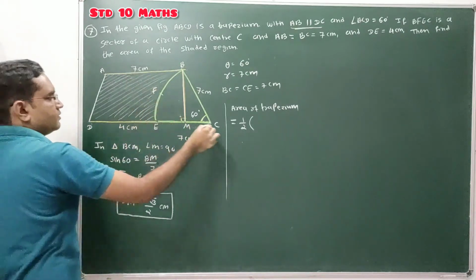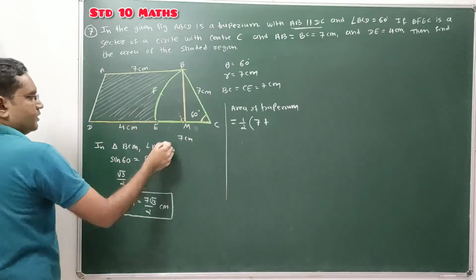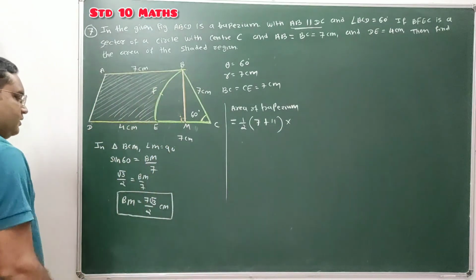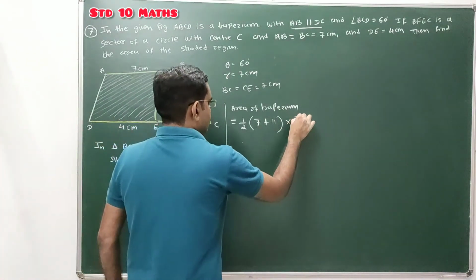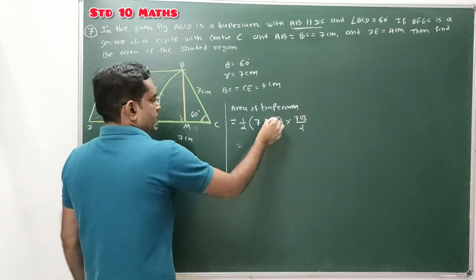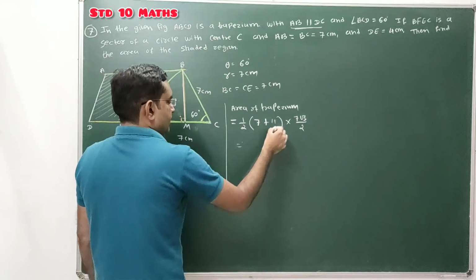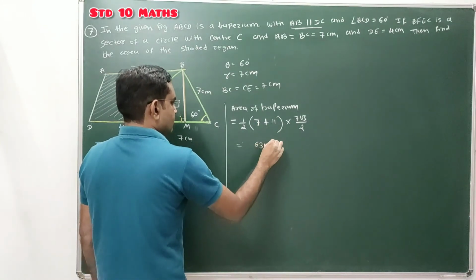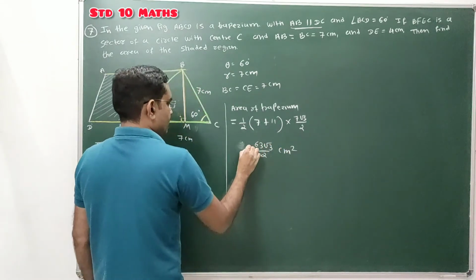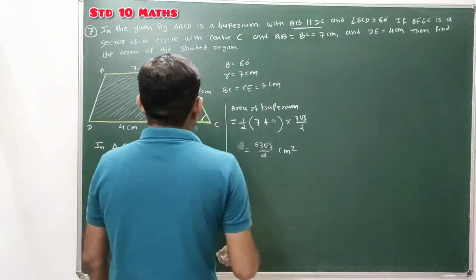So length of AB is 7 centimeter plus length of CD, which is 4 plus 7, 11, into perpendicular distance 7 root 3 by 2. 11 plus 7 is 18, 18 by 2 is 9, 9 7s are 63 root 3 by 2 centimeter square is the area of trapezium.